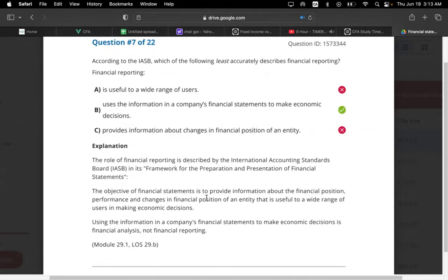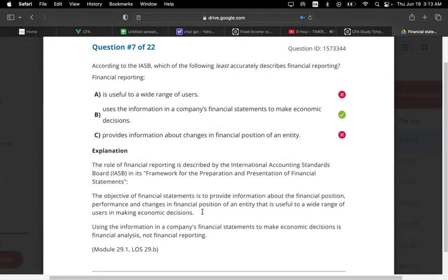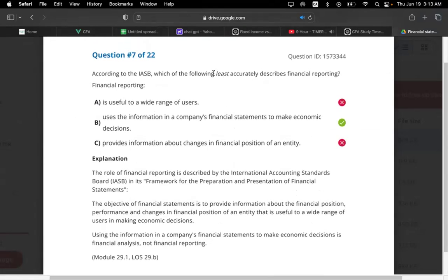According to the ISP, which of the following least accurately describes financial reporting? Financial reporting is useful to avoid... least accurately. Uses the information of the company's financial statements. This is B. That is describing financial statement analysis, not reporting. Reporting is how you show information. Analysis is how you use information.